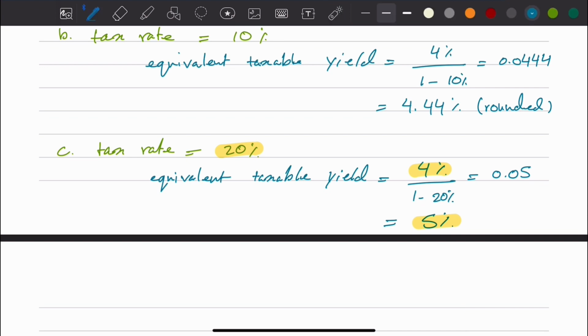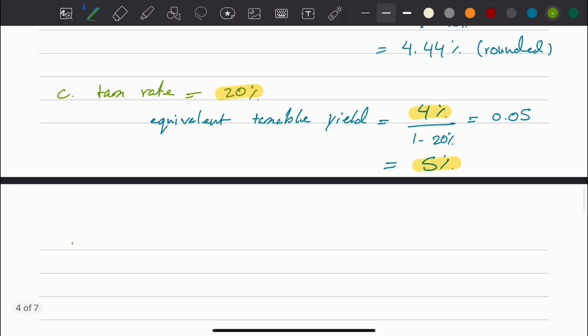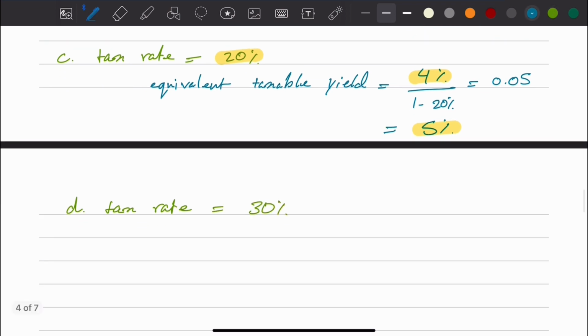Okay? The last scenario, D, tax rate equals 30%. In that case, the equivalent taxable yield is going to equal 4% over 1 minus 30%.